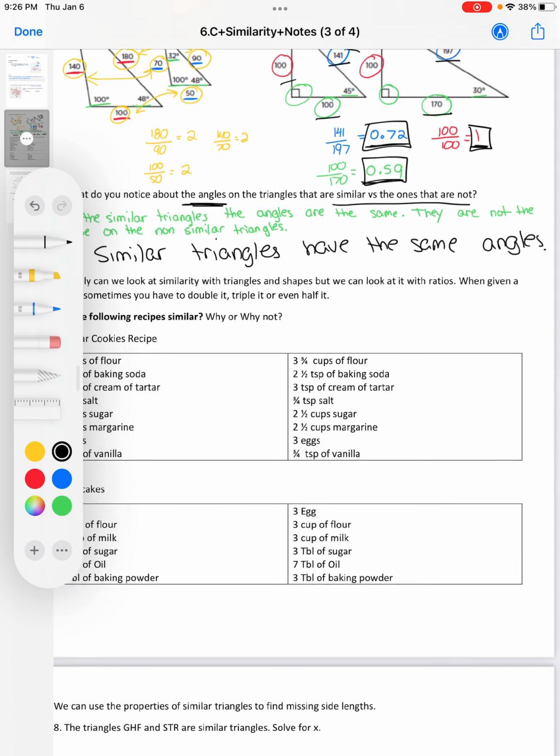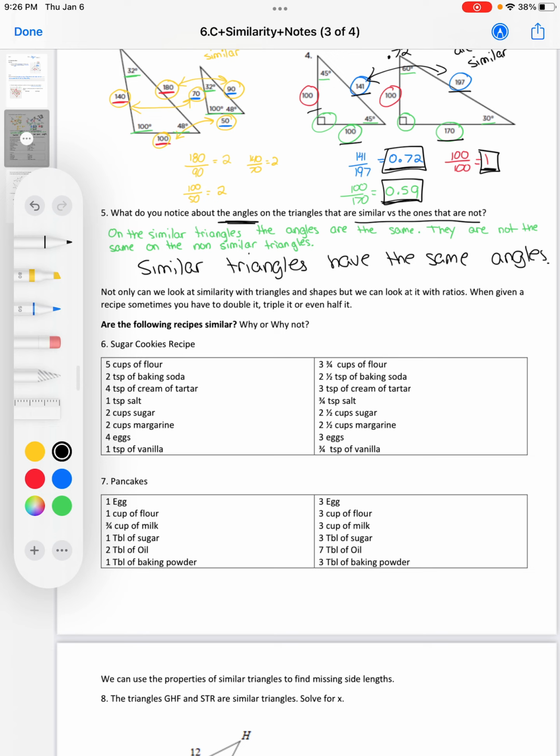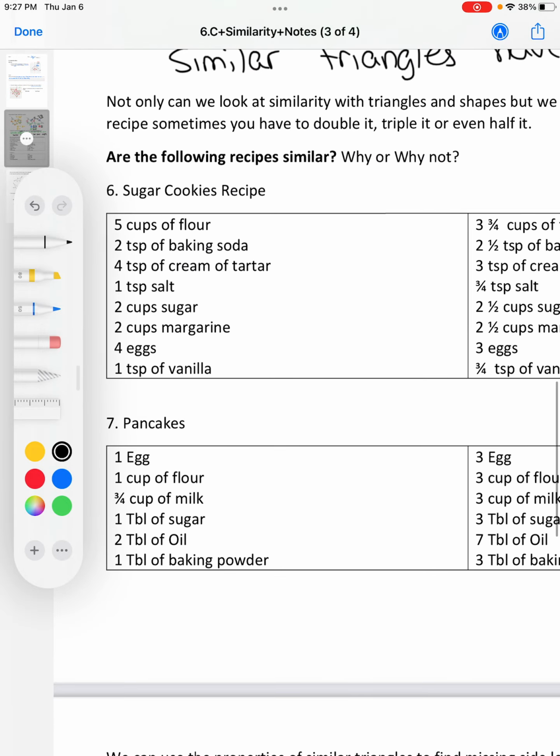So, not only can we look at shapes, we can also look at ratios. An example of ratios is recipes. And we can check to see if things are similar with recipes based on if we multiply and have a factor that is the same for every single one of these. So let's take a look at this sugar cookie recipe.